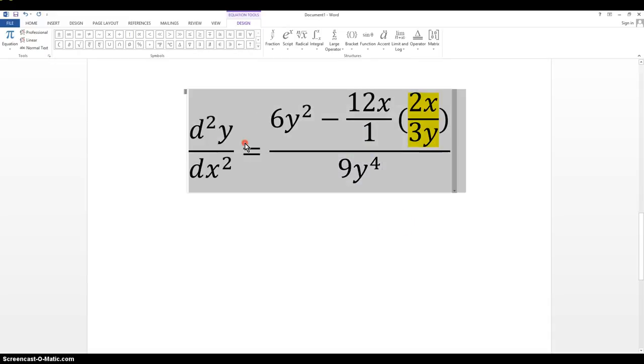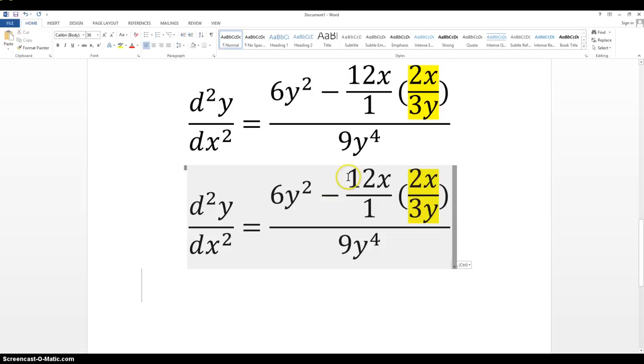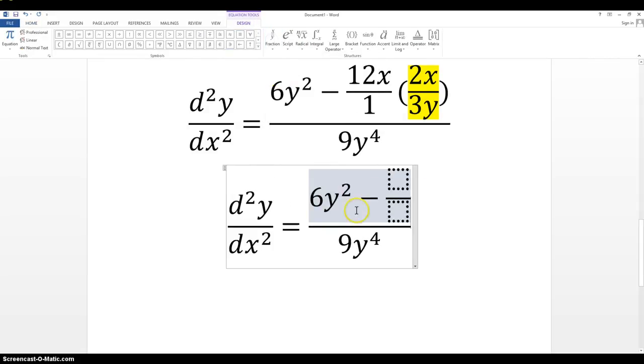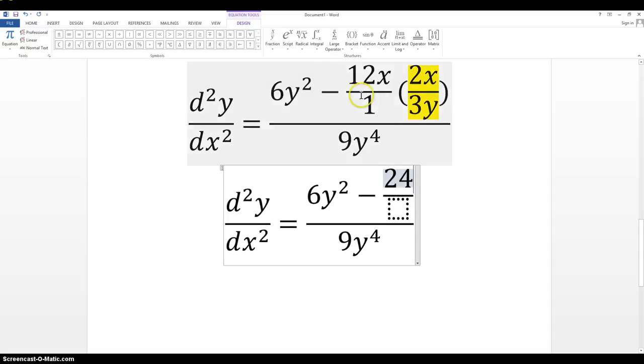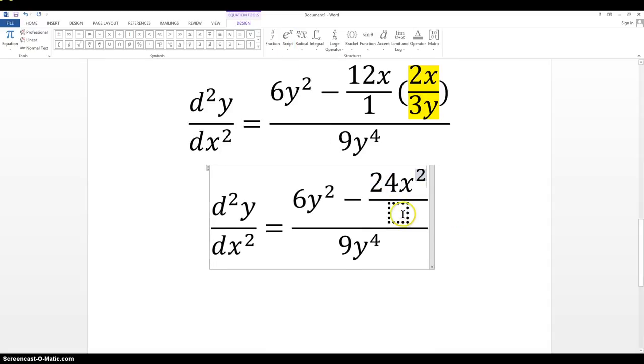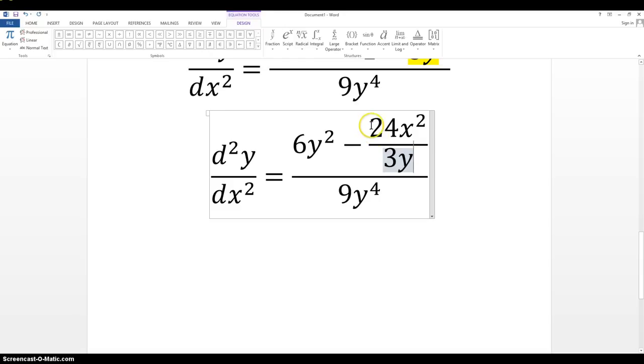So if we clean it up even more, we get 6y squared minus 12 times 2 is 24, and x times x is x squared, so 24x squared over, and then 1 times 3y is simply 3y. 24 divided by 3 is 8.